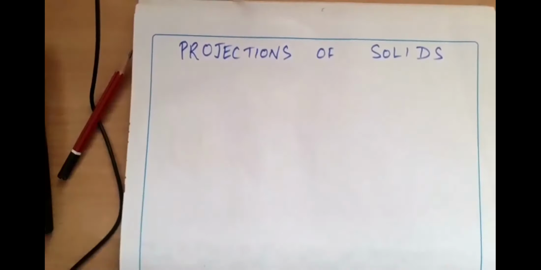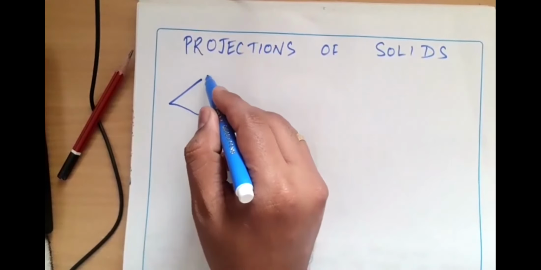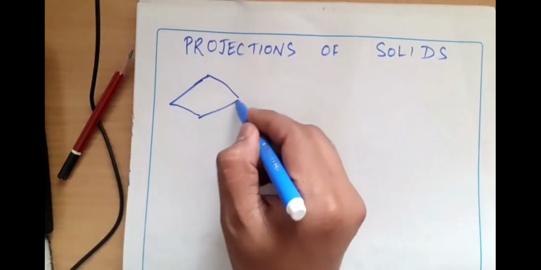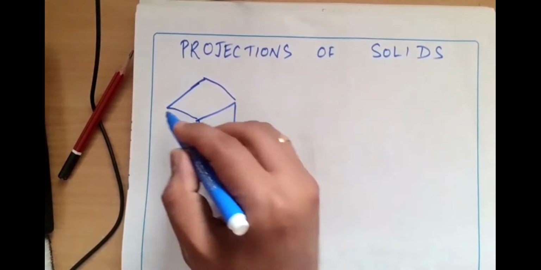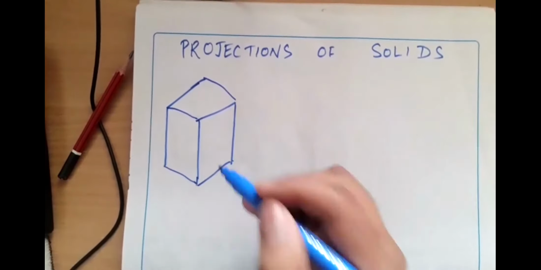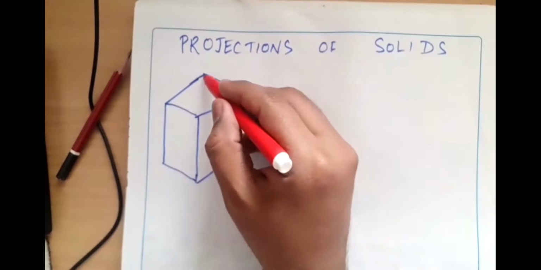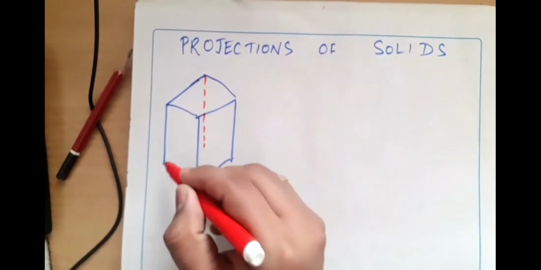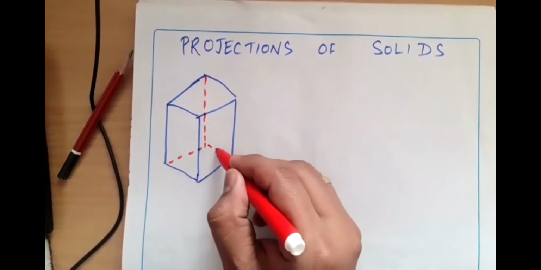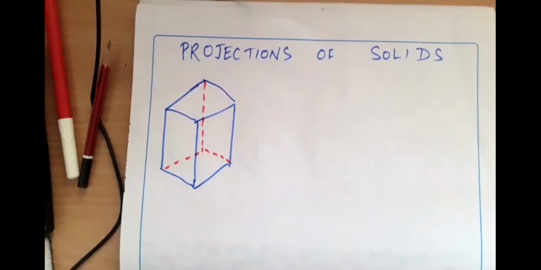I'll just draw a rough sketch of it. This edge, what you are seeing in red color, is not seen.